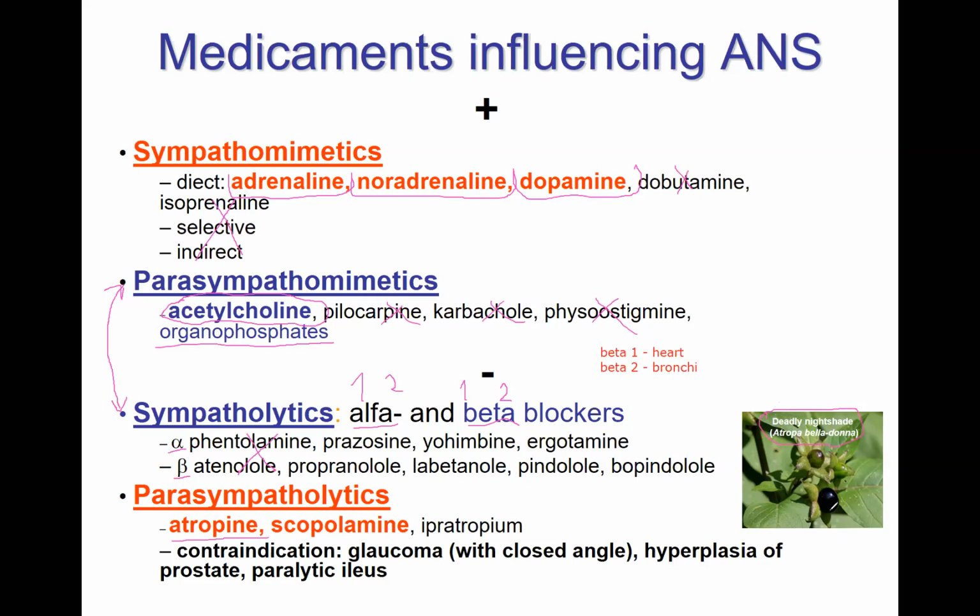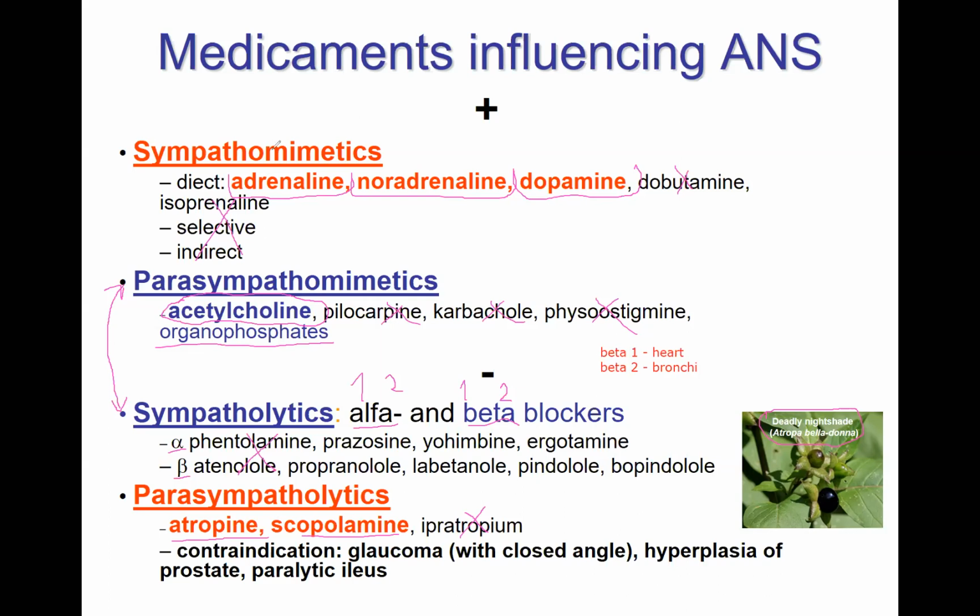It looks like a nice blueberry, but if you eat it, two of these can kill a kid and 10 of these can kill you. Inside is atropine. Scopolamine is, for example, in the red amanita, which I showed you before. Ipratropium is then used as a medicament.